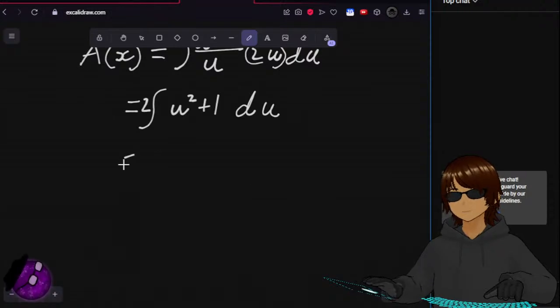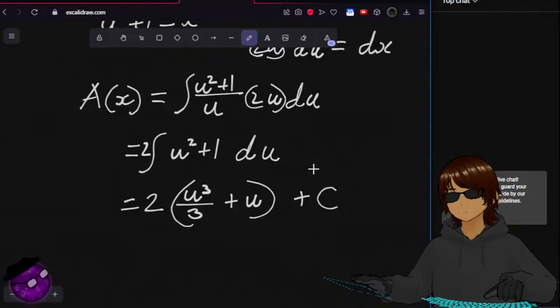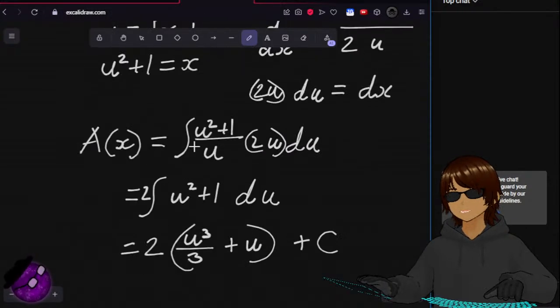And then this is equal to, if I evaluate, u cubed over 3 plus u plus c, where u is equal to root x minus 1.